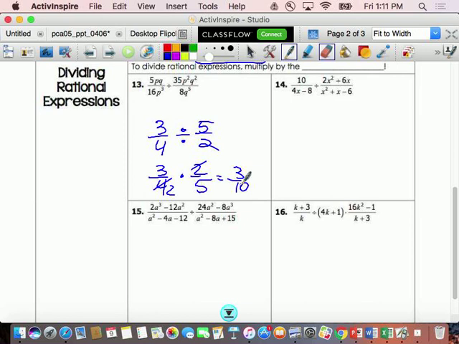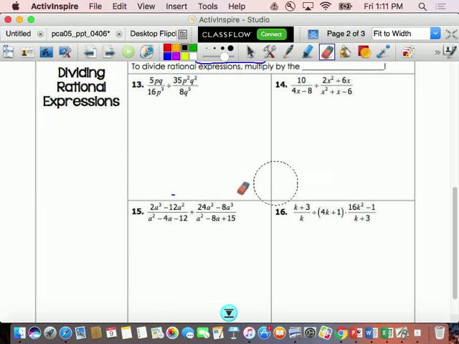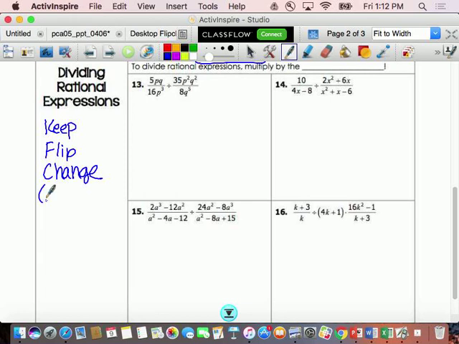Well, we're going to do the same thing with these dividing rational expressions. So if you need to write out here to help you remember, keep, flip, change. What that means is multiply by the reciprocal of the second fraction.